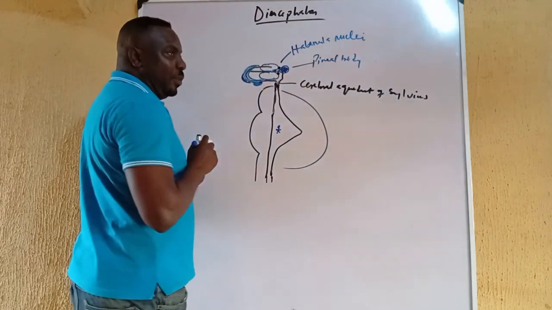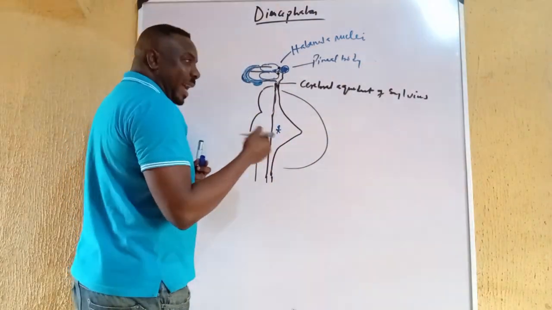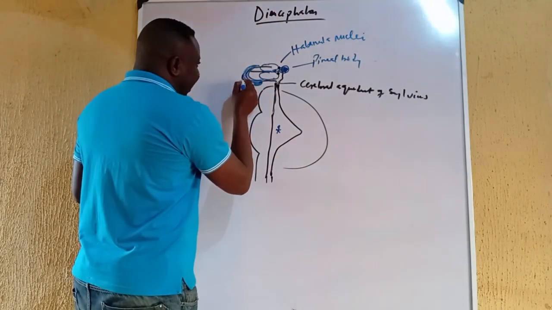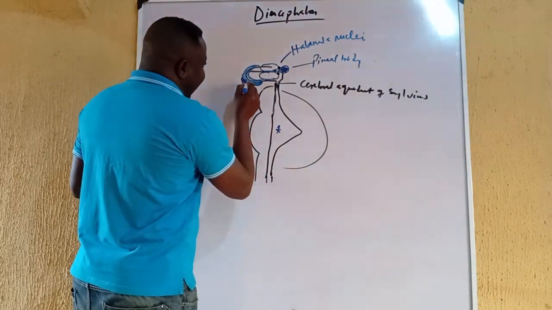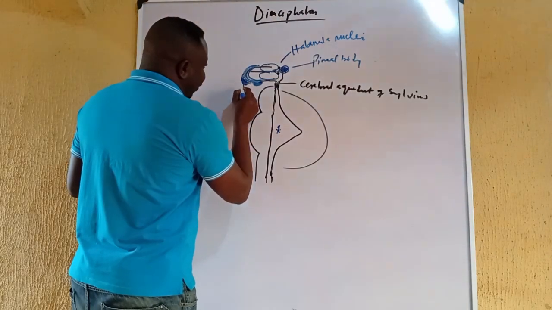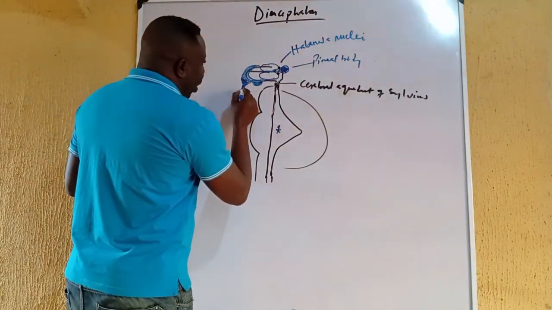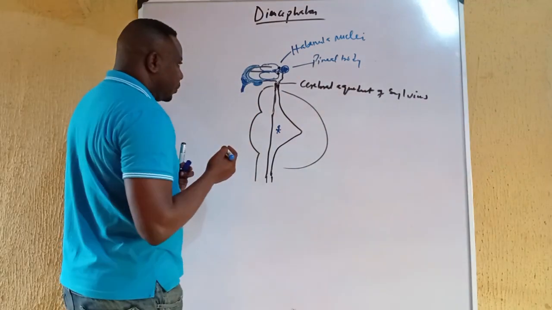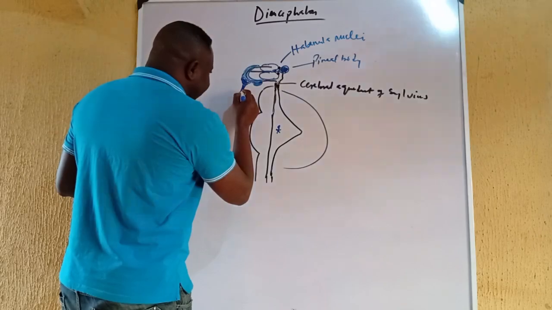In the hypothalamus, we have lots of hypothalamic nuclei that give rise to axons, which form the tuber cinereum. The tuber cinereum gives rise to the median eminence that eventually forms the pituitary stalk, or what we call the infundibulum. And from there, we have our posterior pituitary gland.